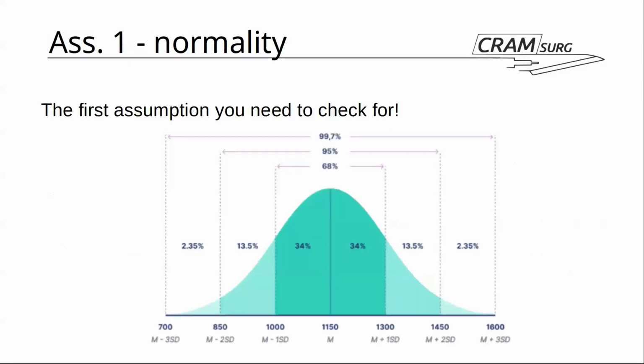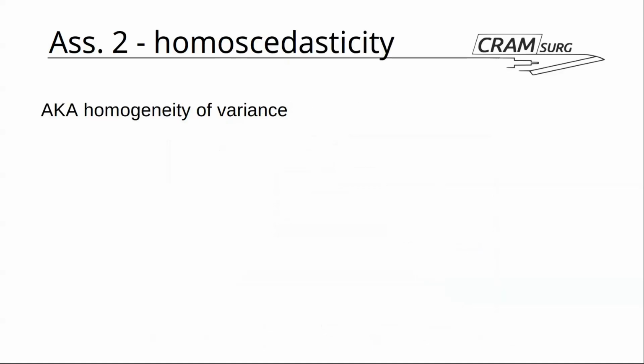Let's talk about the assumptions that lie behind Student's t. As we said earlier, these are truths about your data that have to be fulfilled for you to reliably run the test and for the test to give you a reliable result. Assumption number one is normality. We talked about it, and it is pretty much always the first assumption you need to check, so I'm not going to go into too much detail.